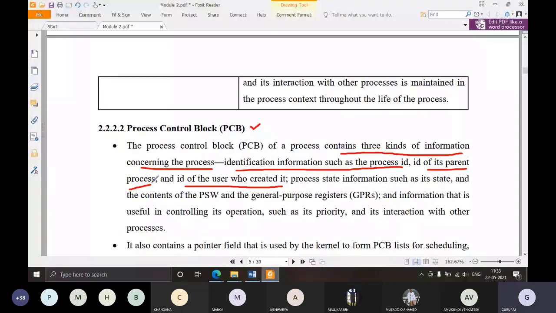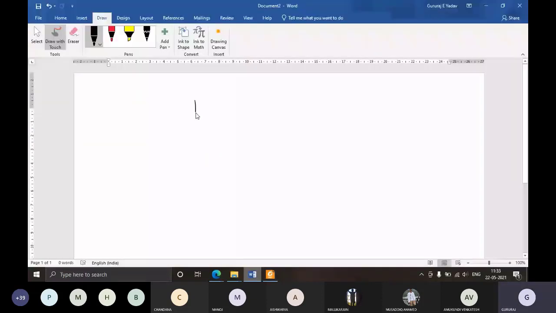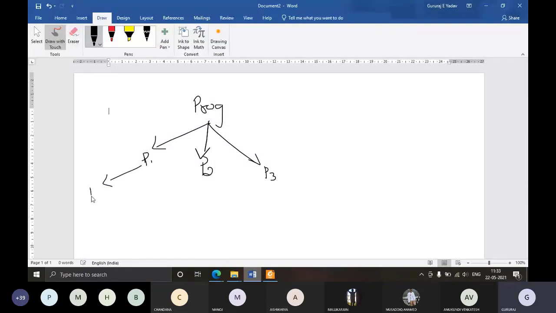Parent process means, if you remember the hierarchy, under a program there can be multiple processes, let's say P1, P2, P3. Each process can create a child process, so P1 can create a child process P11.